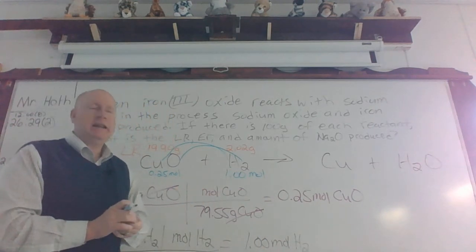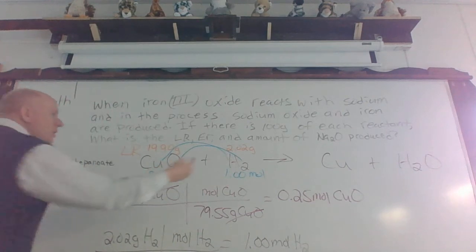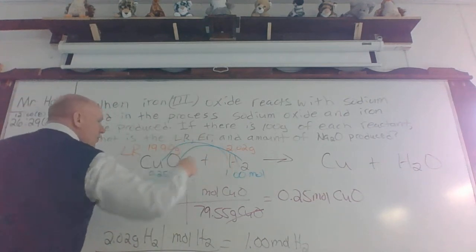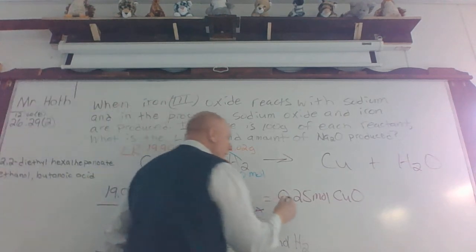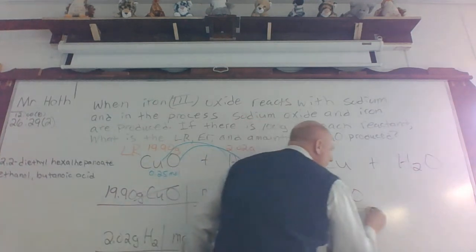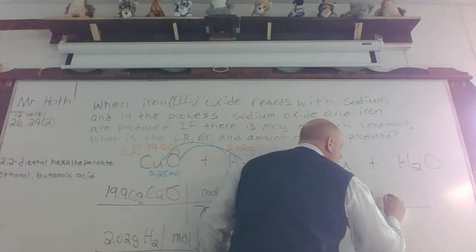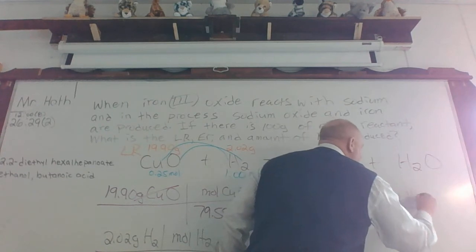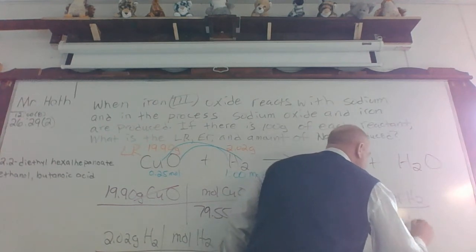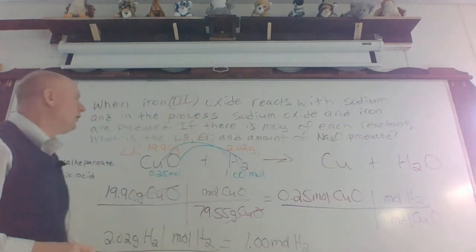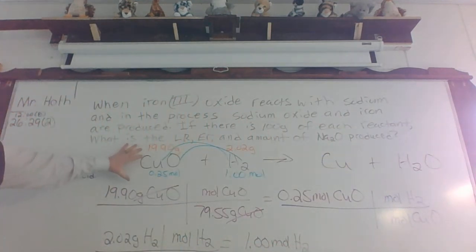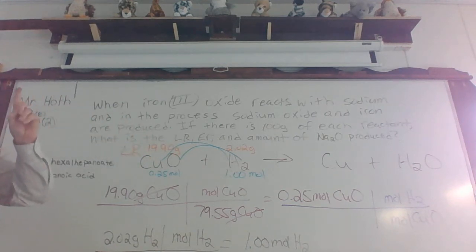So let's see how much is required now by playing this Battleship and shooting from one direction to the other. In doing that, we change moles of copper oxide to moles of hydrogen. Typically, we would go back to our balanced reaction. There are no coefficients in there. Well, technically there is, it's 1.